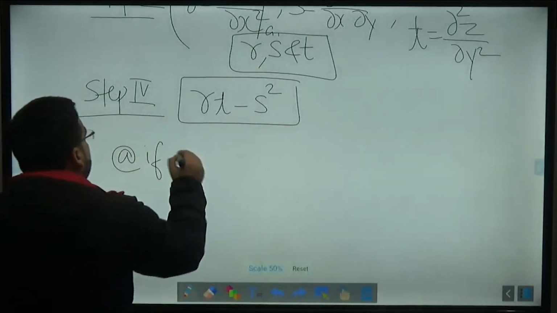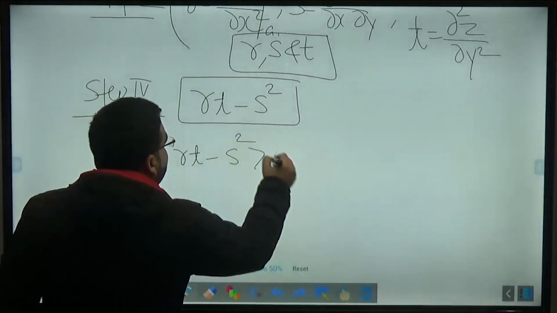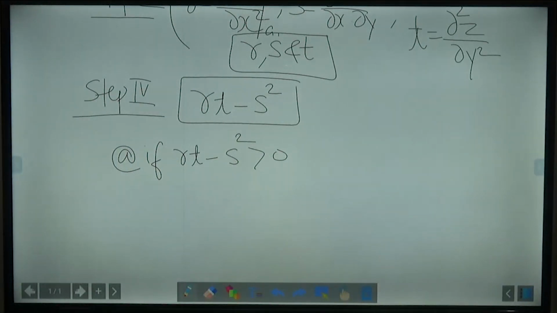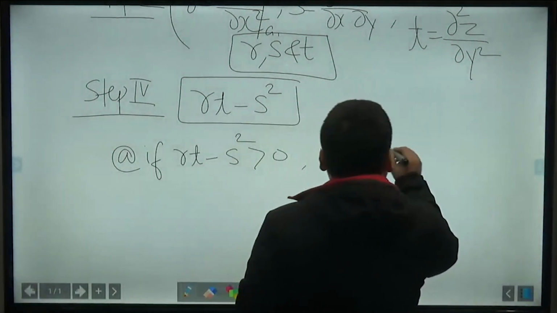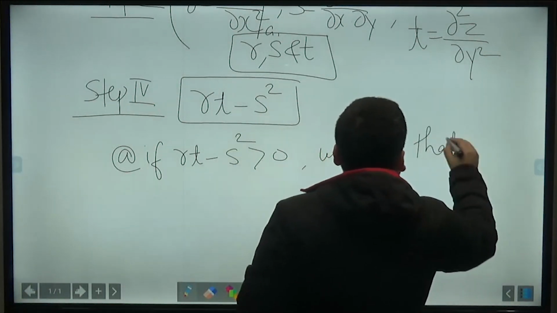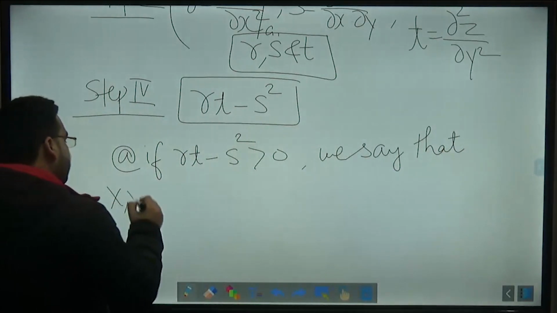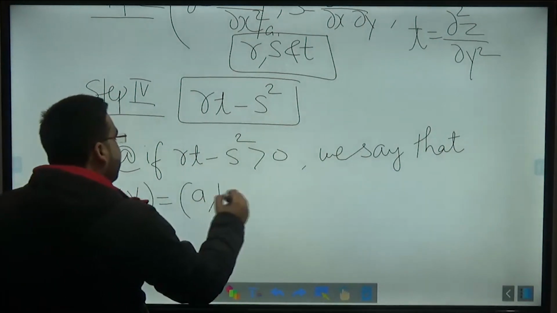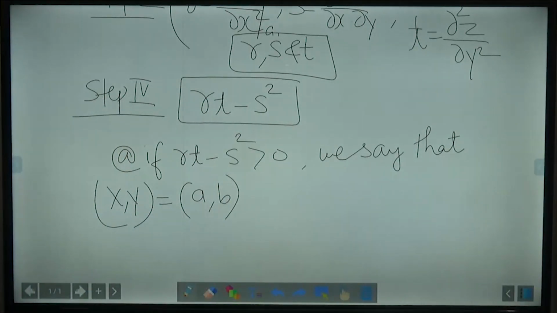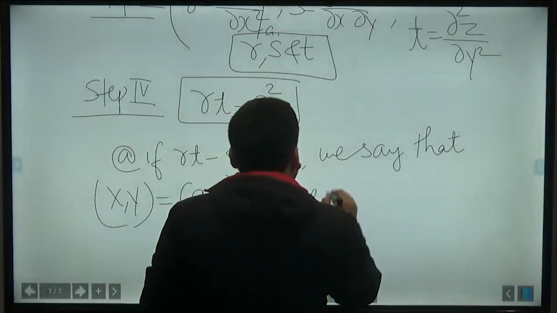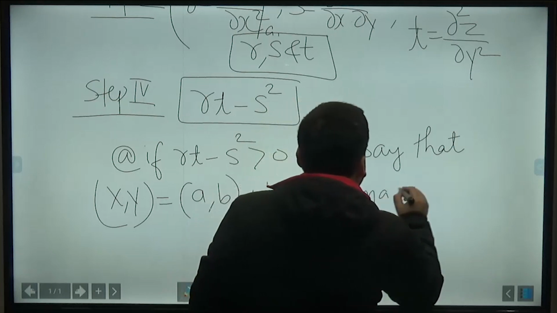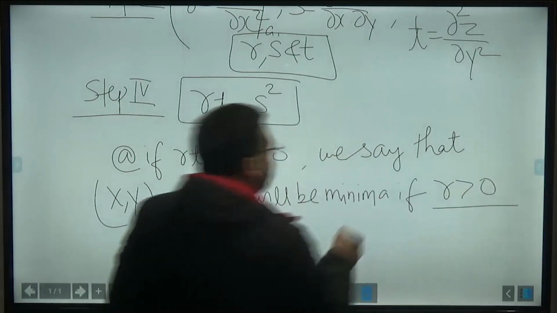Case number 1: if rt minus s square is greater than 0, we say that x comma y equal to a comma b will give you a point of minima, if r is also greater than 0.